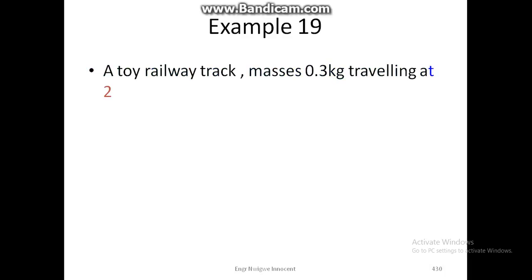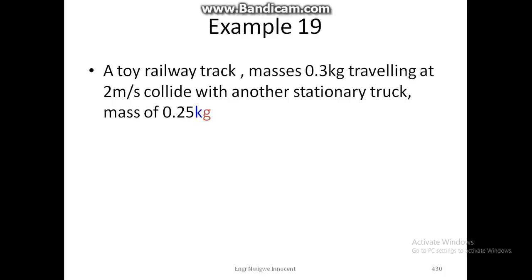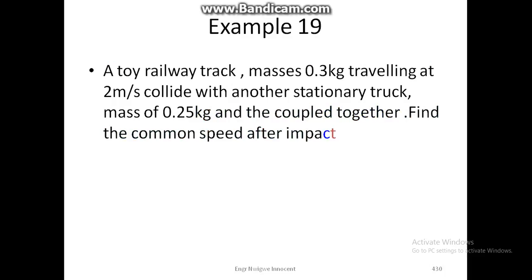Example 19. A trolley on a railway track, mass 0.3 kg, traveling at 2 meters per second, collides with another stationary truck of mass 0.25 kg, and they couple together. Find the common speed after impact and the impulse between them.